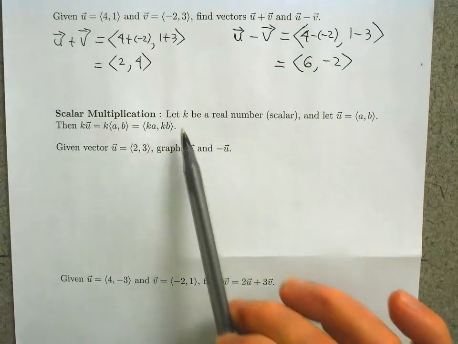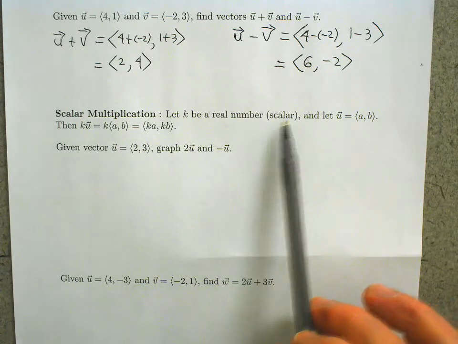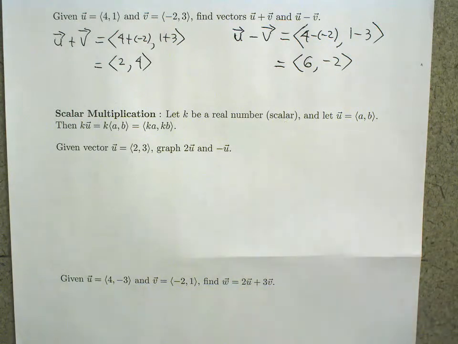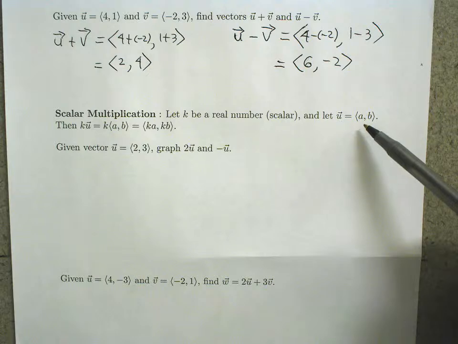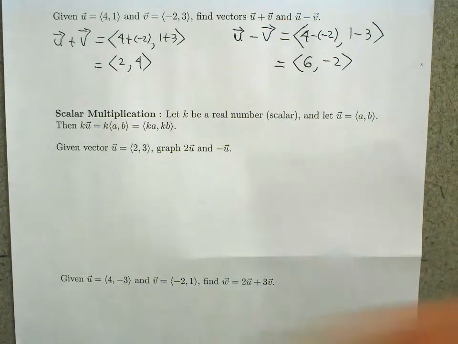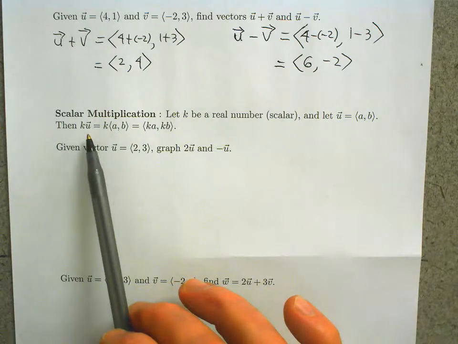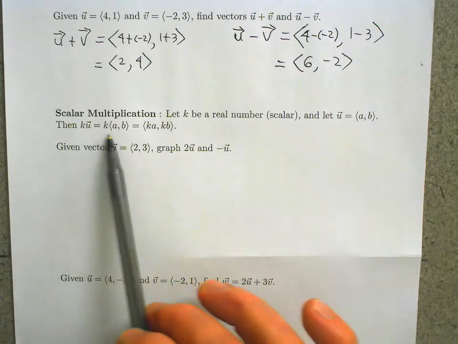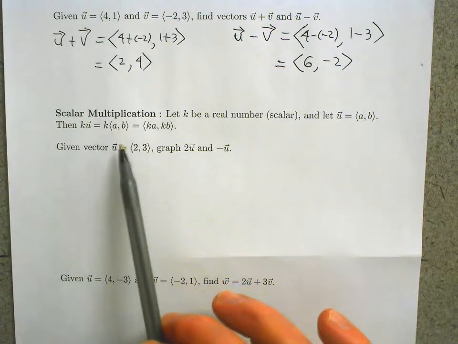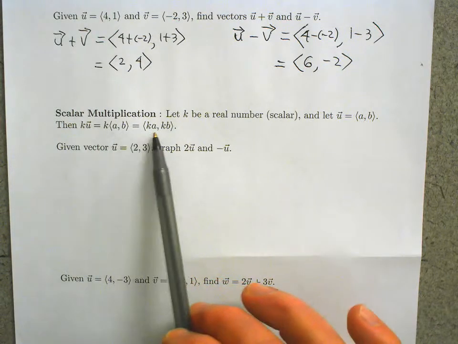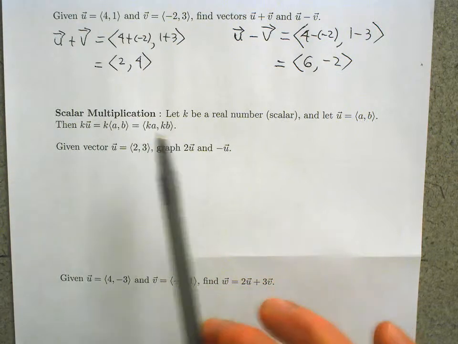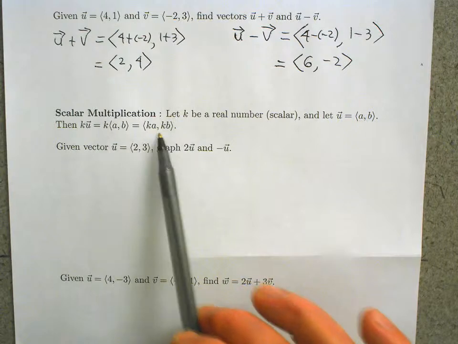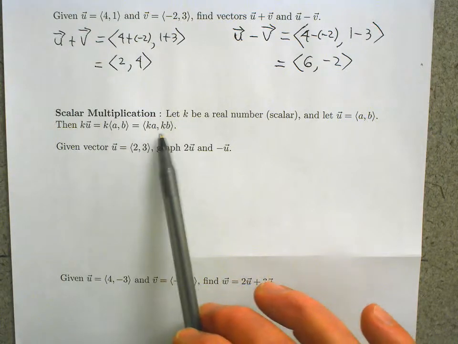So if we let k be a real number, which is referred to as a scalar, and if we let the vector u be in component form a, b, then if we multiply the vector u by the scalar k, times the component vector a, b, we multiply k times each of the components. So it's k times a, comma, k times b.